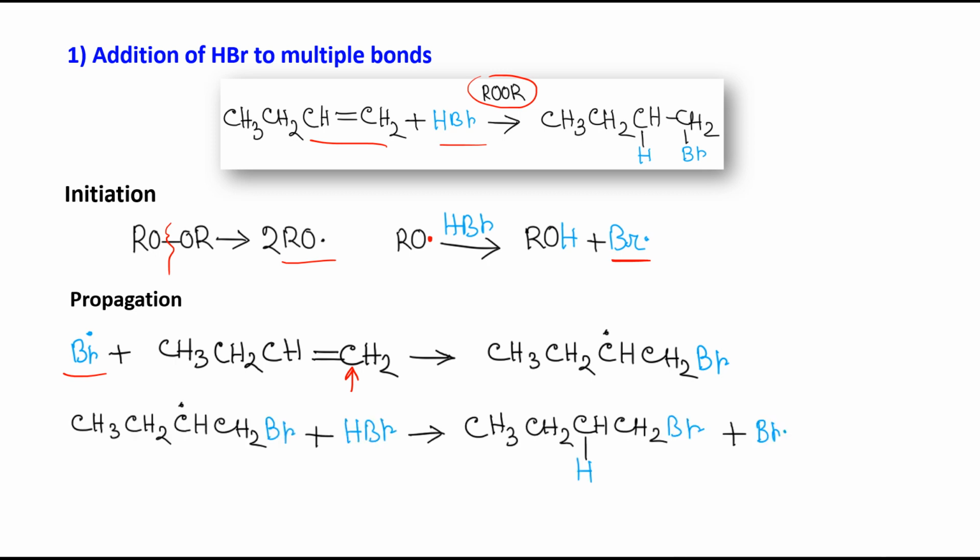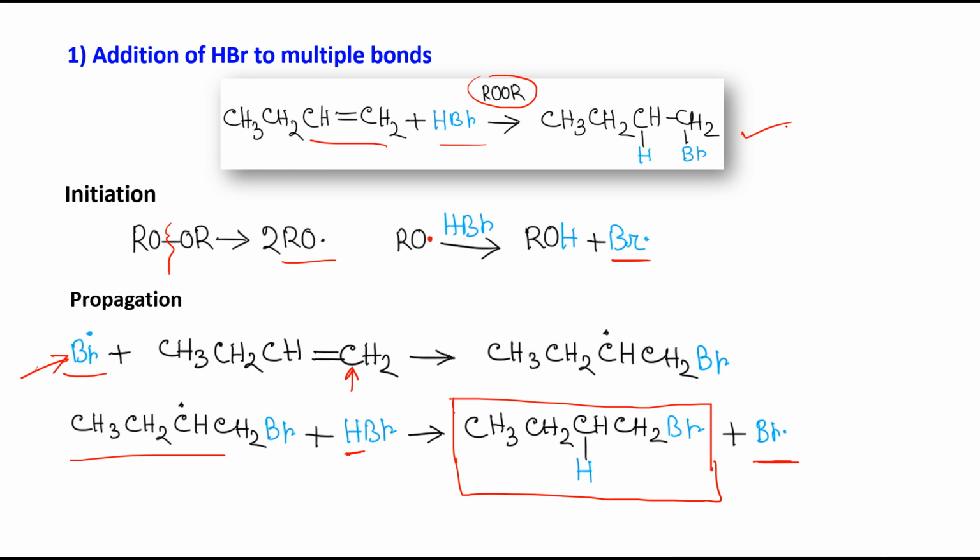And after that, now take this radical again in the second step. This radical will take a hydrogen from another HBr molecule, and finally there is one more Br dot which can again start this first step of the propagation. So in this way we are getting this final product which we have already mentioned.